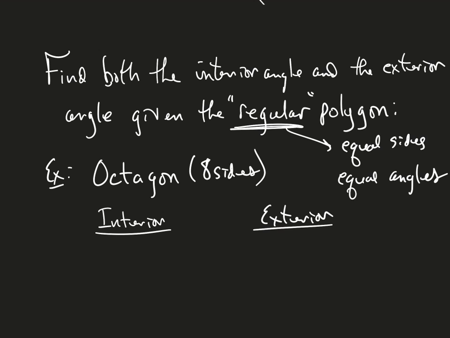So to find the measure of one of the exterior angles, we just simply have to take 360 degrees and divide by how many exterior angles there would be, which is going to be the same as the number of sides. So what we end up with then, guys, is 360 divided by 8. And that means that every exterior angle would be 45 degrees. Now the interior is a little bit tougher because what you have to do is you have to find the sum of the interior angles.